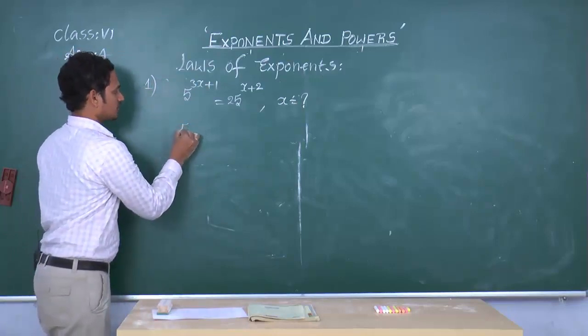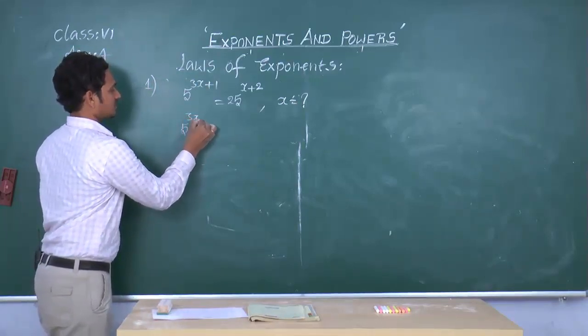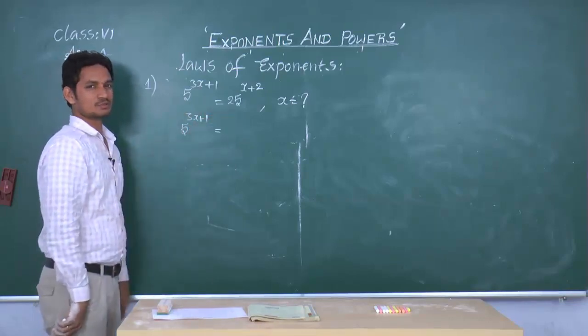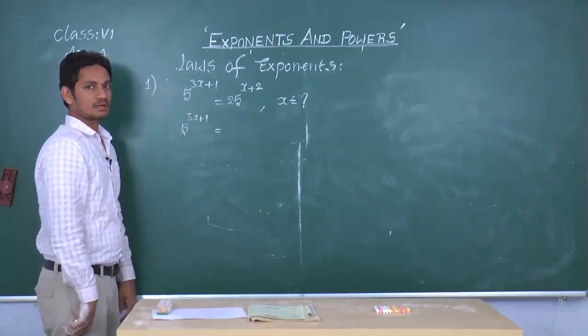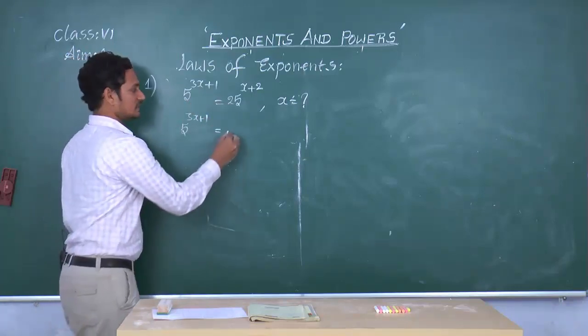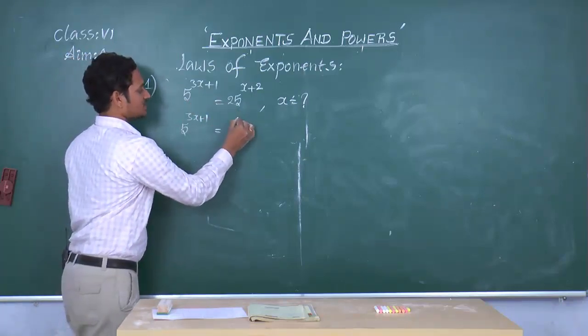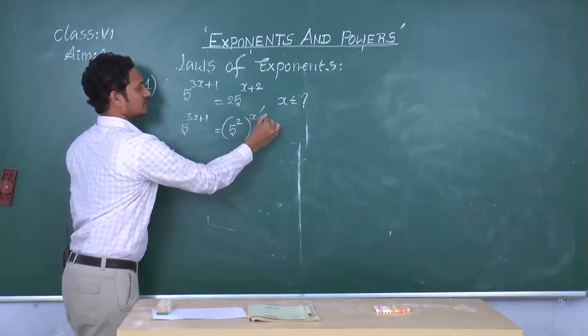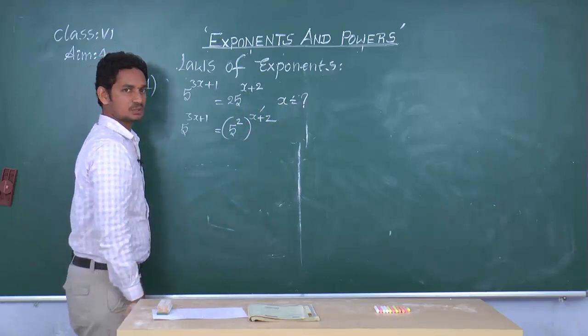First of all, the base on the left hand side is 5, and on the right hand side the base is 25. We would like to convert both sides to the same base. For that I am writing 25 as 5 square. Already we can see the power x plus 2.